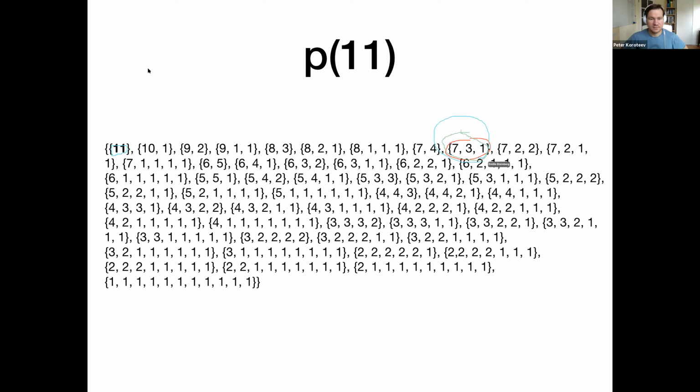So 11, 7, 3, 1. Those are odd and distinct. Maybe with a different highlighter, show symmetric.